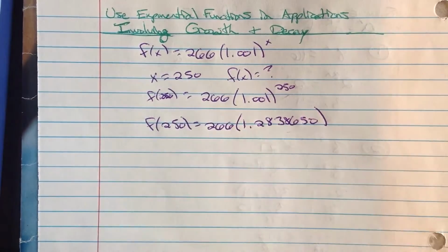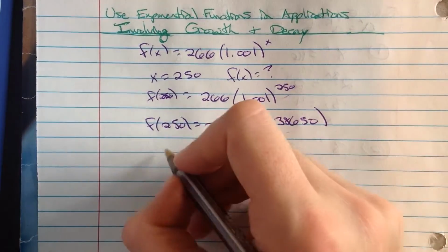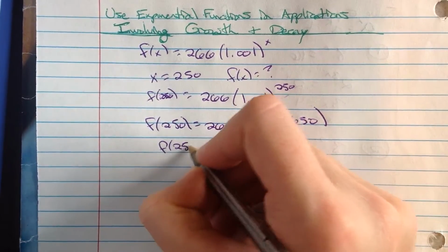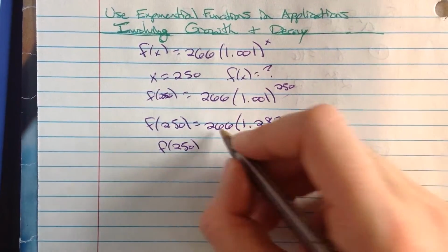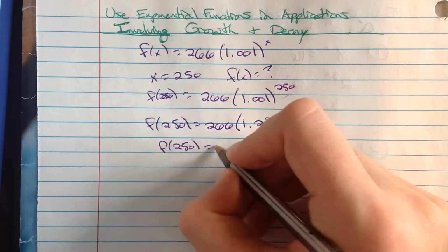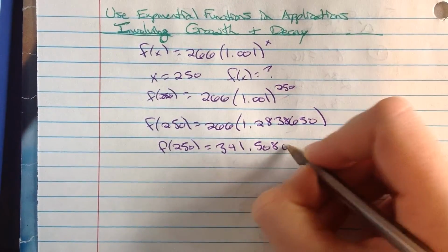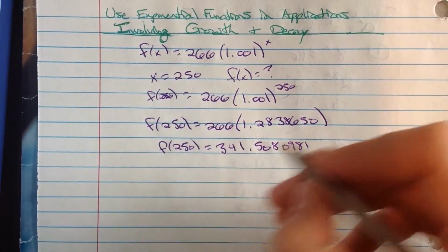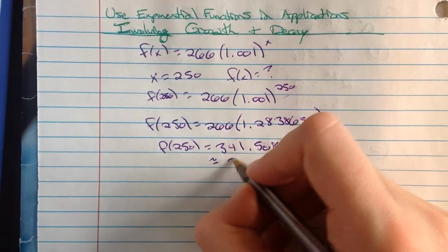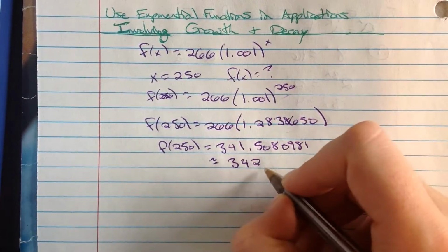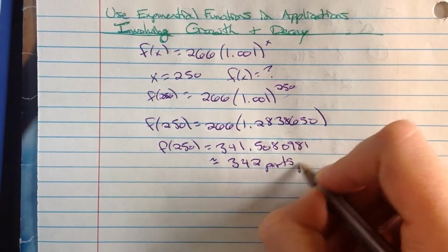If you plug this in, wouldn't recommend doing that part by hand, but you are a brave soul if you try. Timesing these two together, we get 341.5080981. Rounding to the nearest whole number, 342 parts per million.